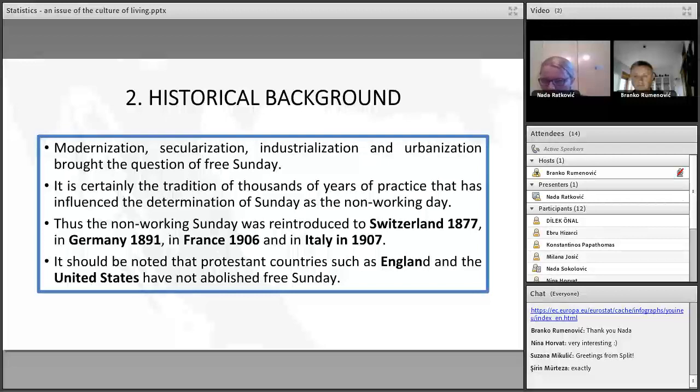Here we can see Switzerland 1877, Germany 1891, France 1906, Italy 1907. Countries like England and the United States have not abolished Free Sunday.